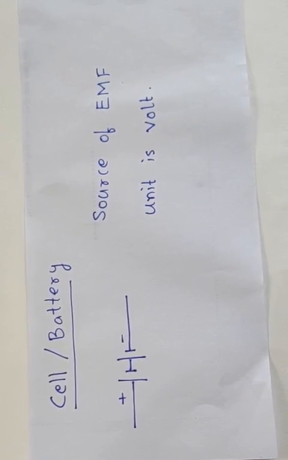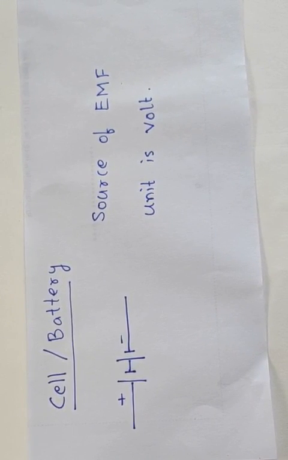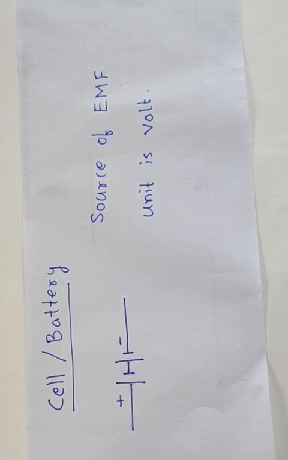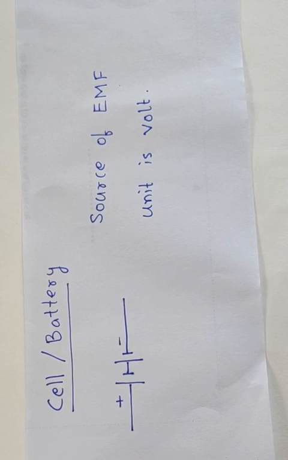The next element is a cell or a battery. You all know a cell is a device which produces voltage. Now, what is the difference between a cell and a capacitor? A cell also produces charge, but a cell produces charge due to chemical reaction.